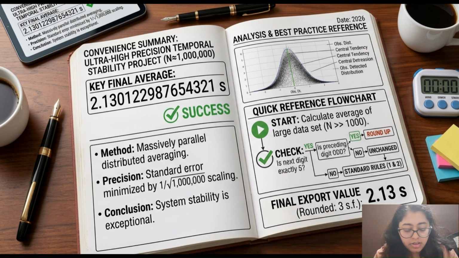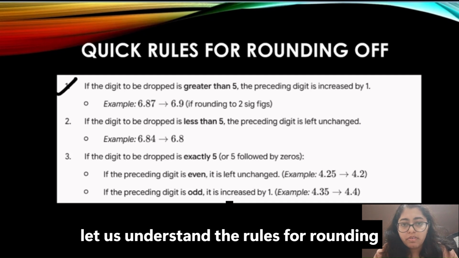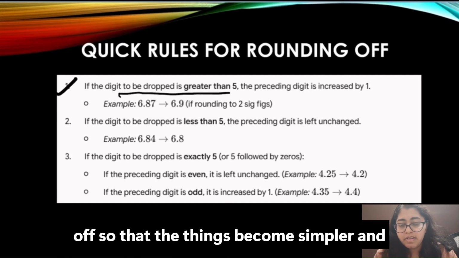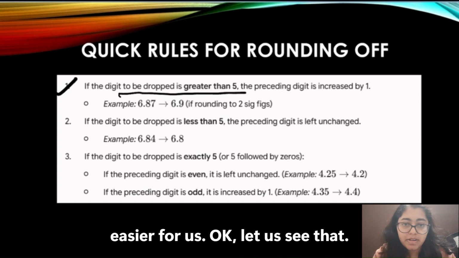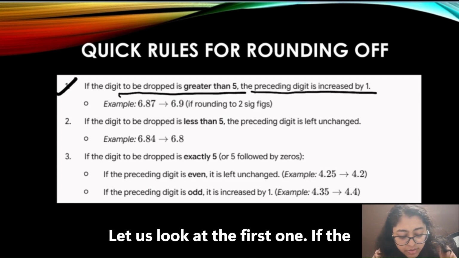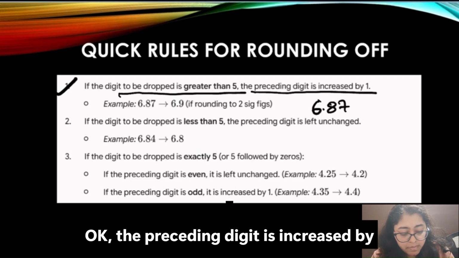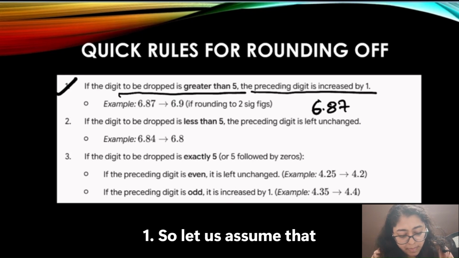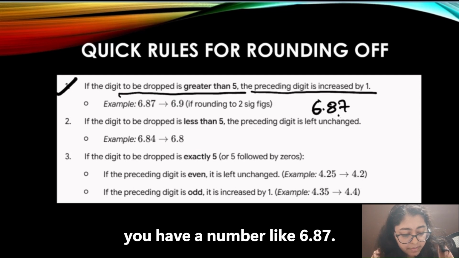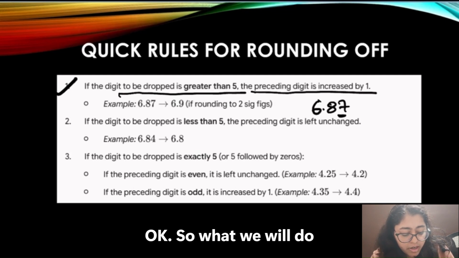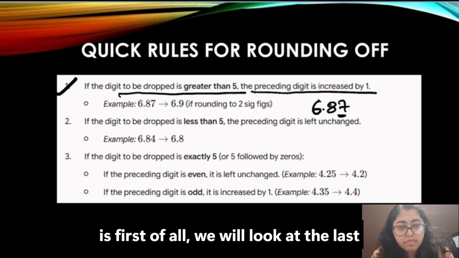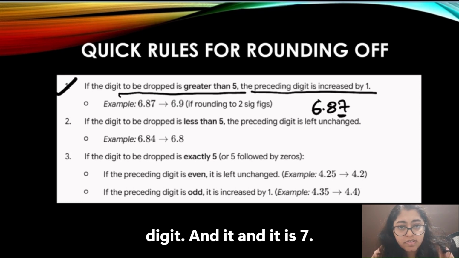Okay. So let us understand the rules for rounding off so that things become simpler and easier for us. Let us look at the first one. If the digit to be dropped is greater than 5, the preceding digit is increased by 1. So let us assume that you have a number like 6.87. First of all, we look at the last digit, and it is 7.